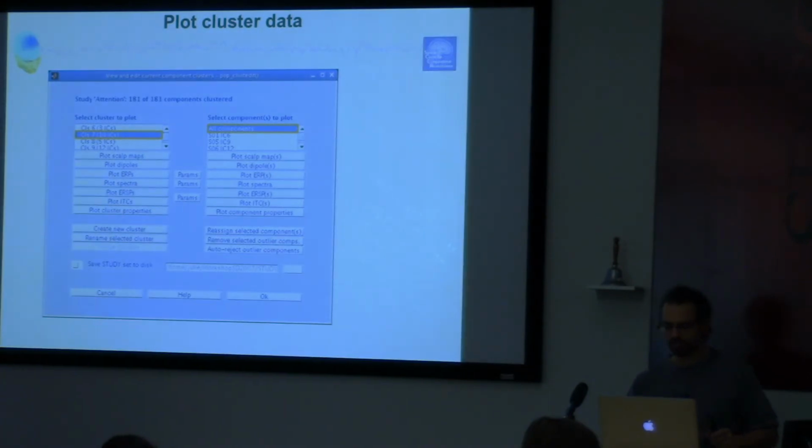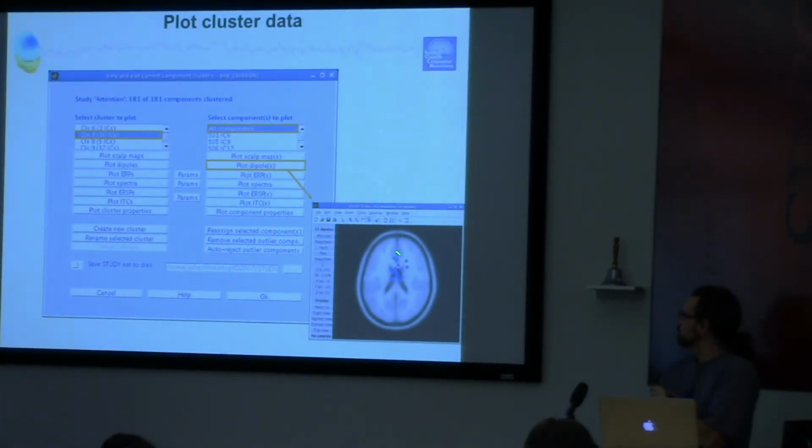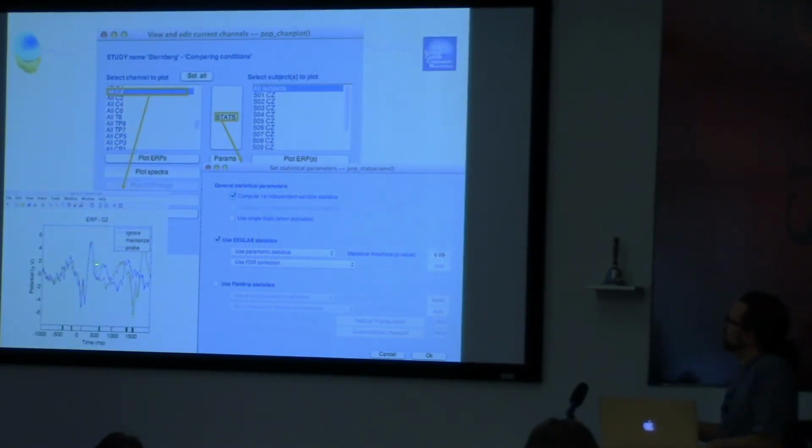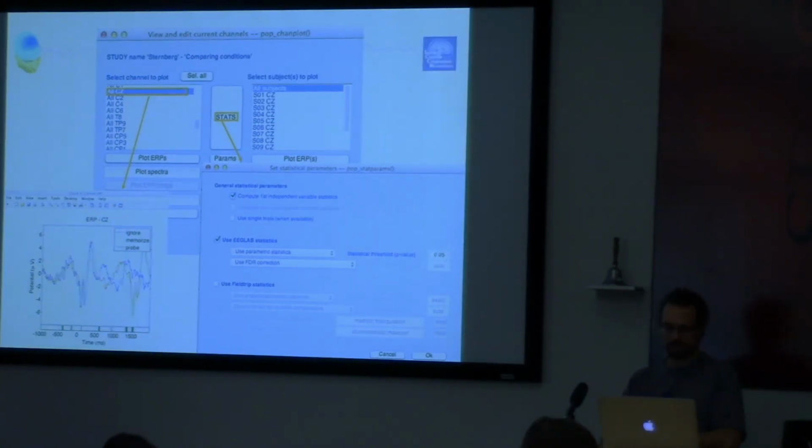And we'll see how to group them tomorrow. You can also plot the dipoles. So these are the dipoles for the components of that cluster. You can see they're grouped together. As for the ERPs, you can plot the ERP for that cluster in the three conditions: ignore, memorize, probe. And you can also do some statistics.